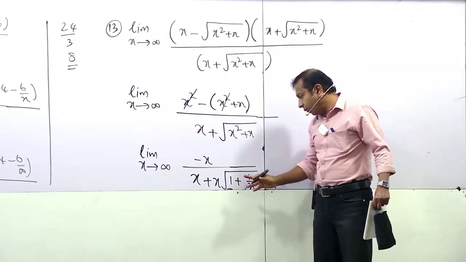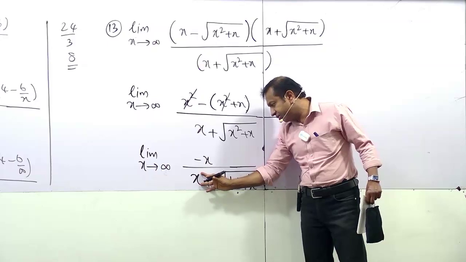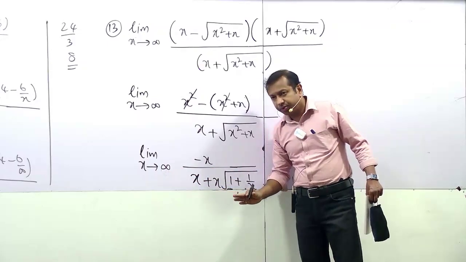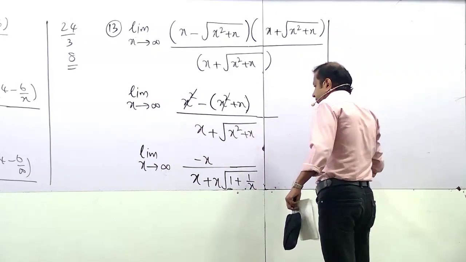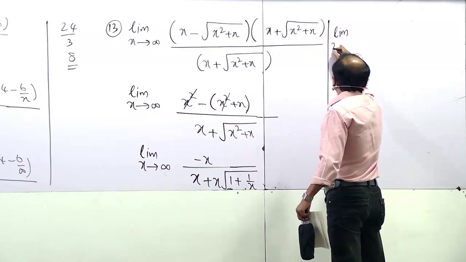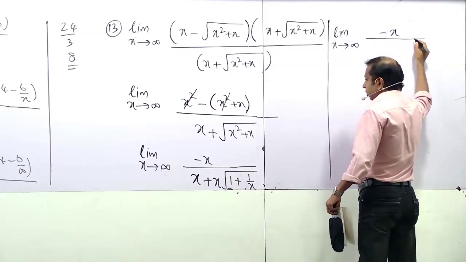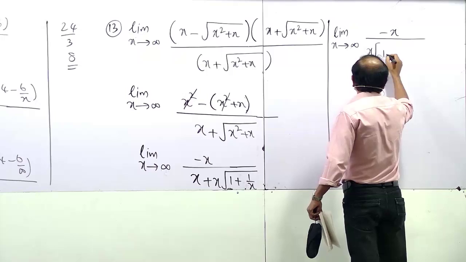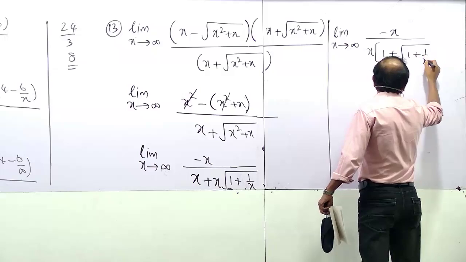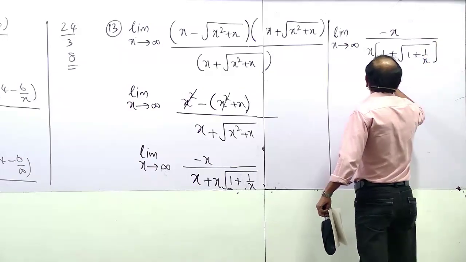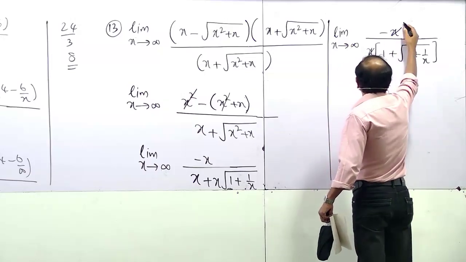Right. Now, from the denominator, this x and this x is common. Take that out. x you can now cancel. Now, this x and this x you can cancel and you get 1 here.